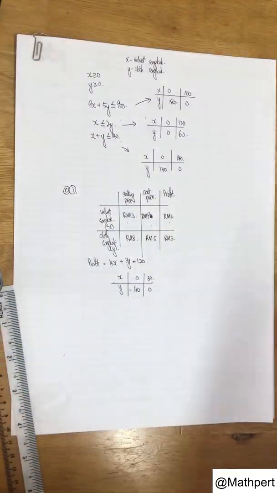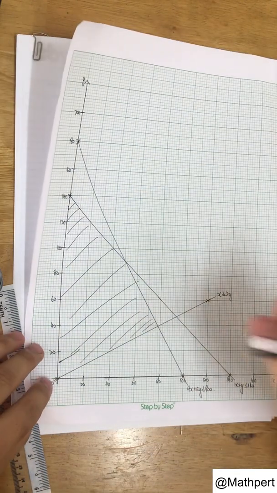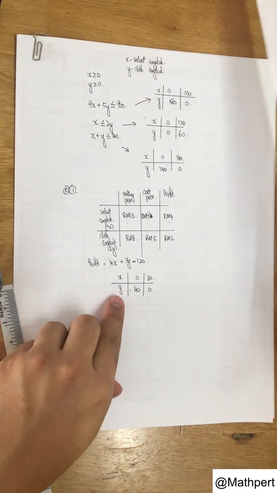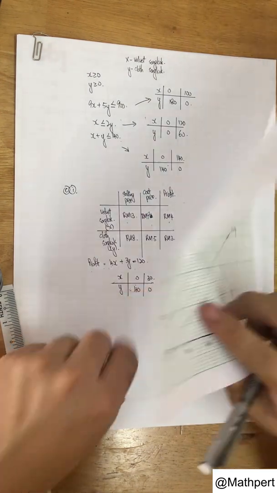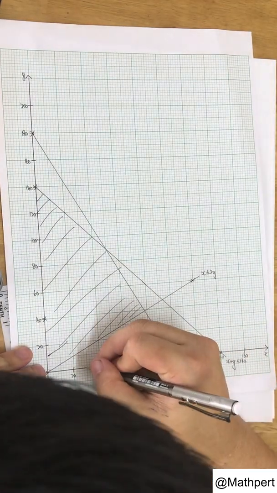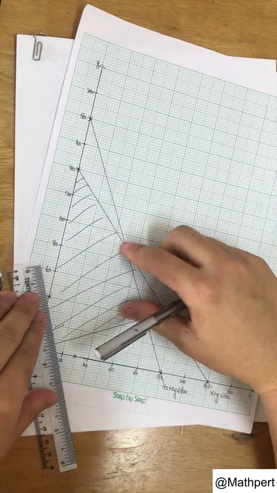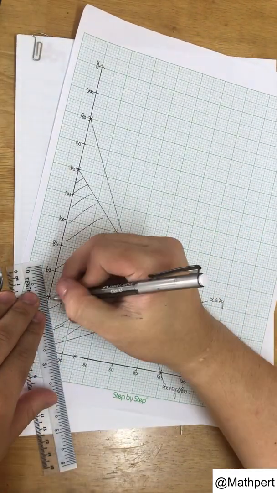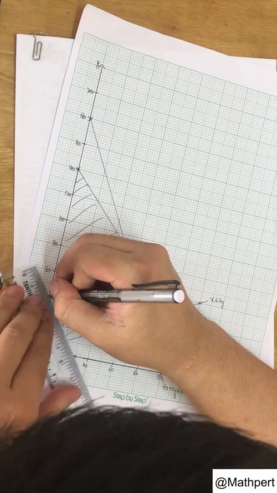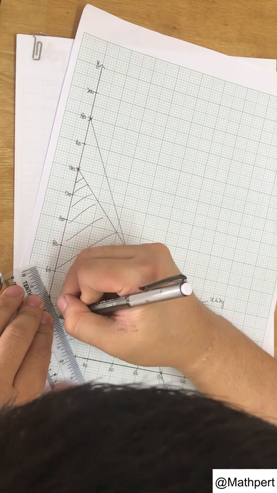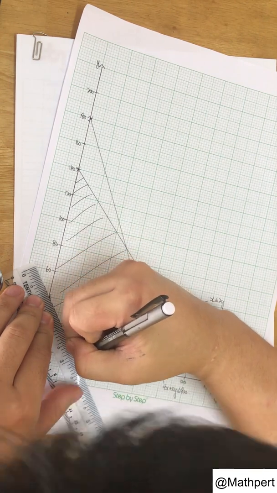When x equals to 0, y equals to 40. 0, 40 is over here. When y equals to 0, x equals to 30. 30 is over here. So let's draw a dotted line for this.